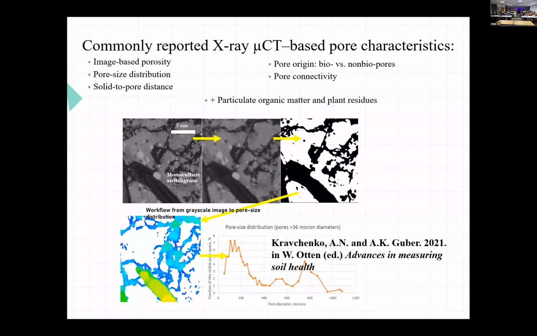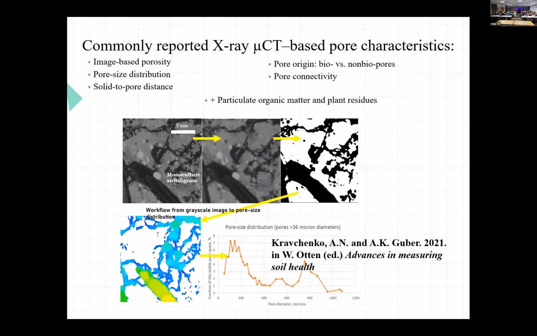You've heard a couple of times today about the series of steps that need to take place before one has the actual data from the X-ray CT scanning. After you scan, you have to work with the image to make it nice, reduce noise, filter, whatever you have.